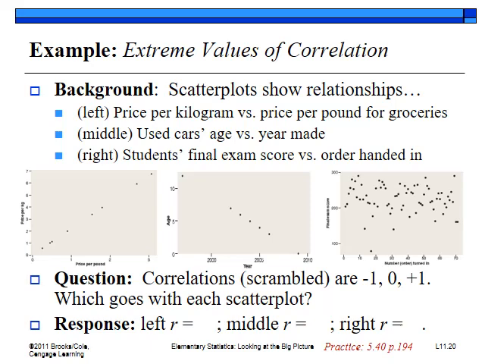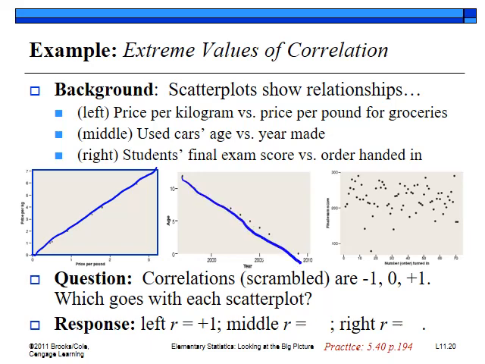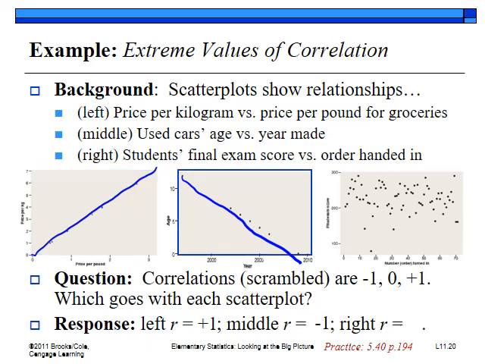Well, if you look at the one on the left, all of those points lie on the same line. So, R is either +1 or -1. Since the slope is positive, R is +1. In the middle, all of these points lie on the same line, and the slope is negative, so R is -1.